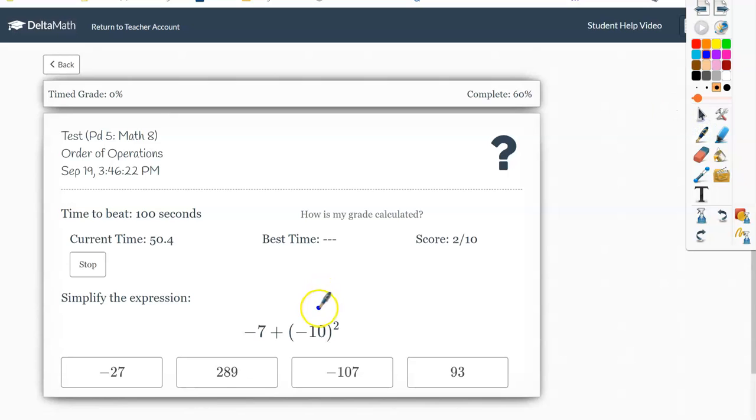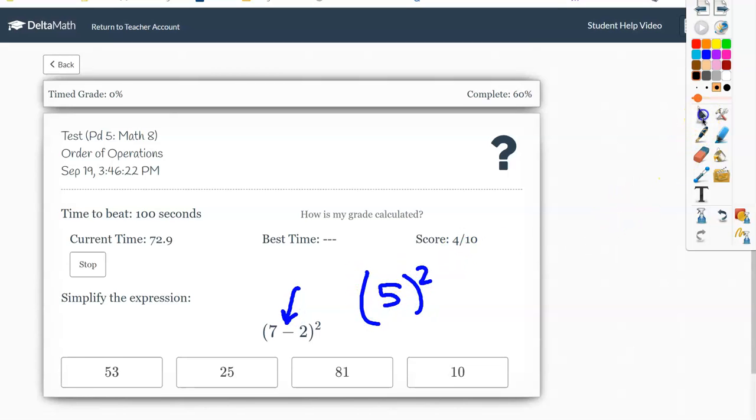Let's see, this one's going to be 100. 100 plus -7 is 93. This is going to be -8 plus 1, so -7. I got to do what's inside parentheses first, so that's 5, and then I square it, so that's 25.